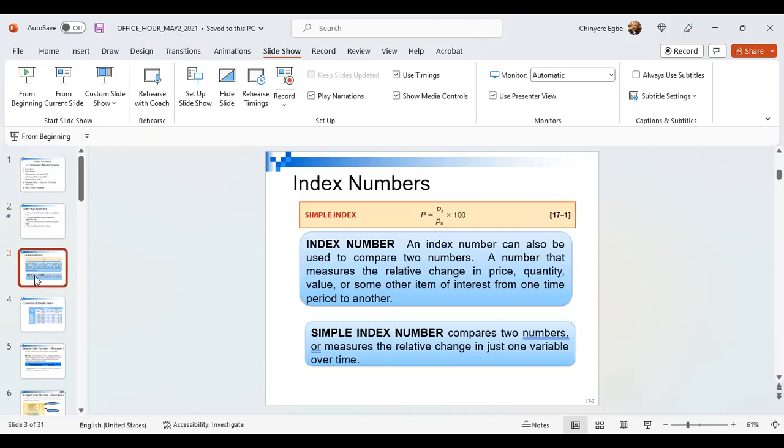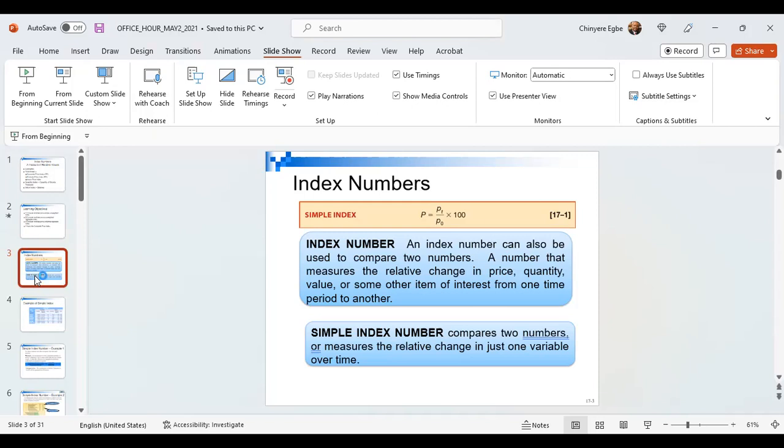Like we say, it can be used to compare two numbers, a number that measures the relative value or the relative change in price, in quantity, in value to another period, or between two members of a population, like countries, cities. You can calculate indexes comparing New York to San Francisco.